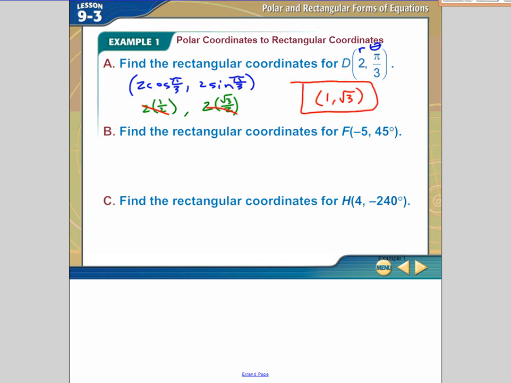Let's try the next one. It says, find the rectangular coordinates for F, given that it's -5, 45. So we go through the same process. -5 cosine of 45 degrees and -5 sine of 45 degrees.